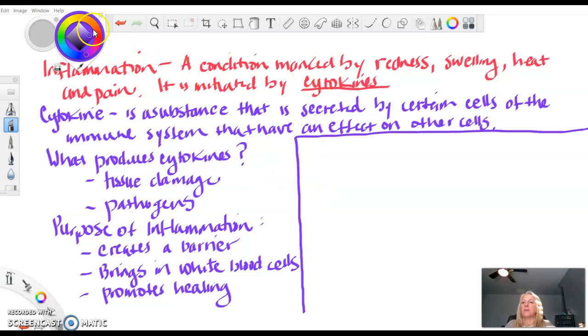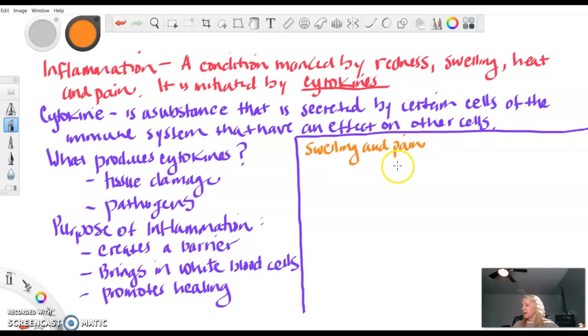So, I'm going to use a different color here. All right, so swelling and pain. So basically in inflammation, when the inflammatory reaction occurs, the vessels in the area become permeable.